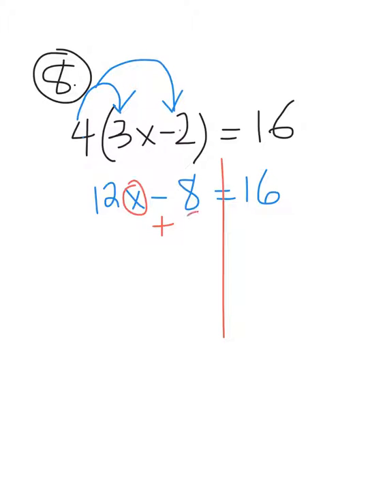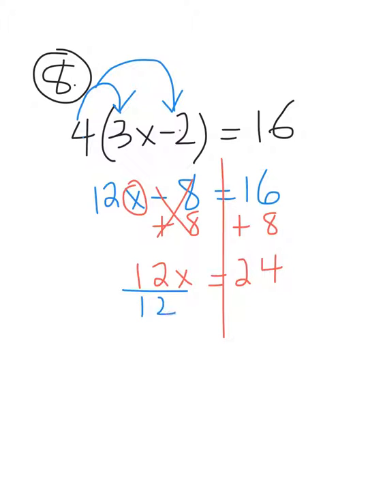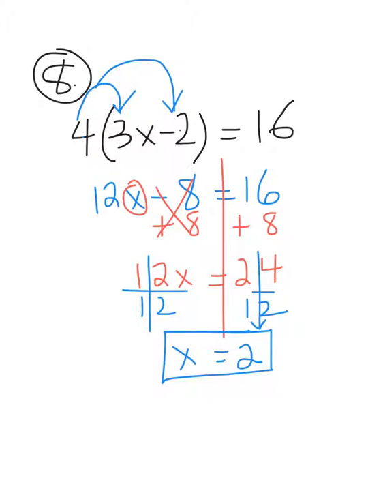I'm going to add 8 on both sides. That will cancel out. 12x equals 16 plus 8, 24. And next I will divide by 12 on both sides of the equation. 12 divided by 12 is 1x, and 24 divided by 12 is 2. And 2 is the final answer.